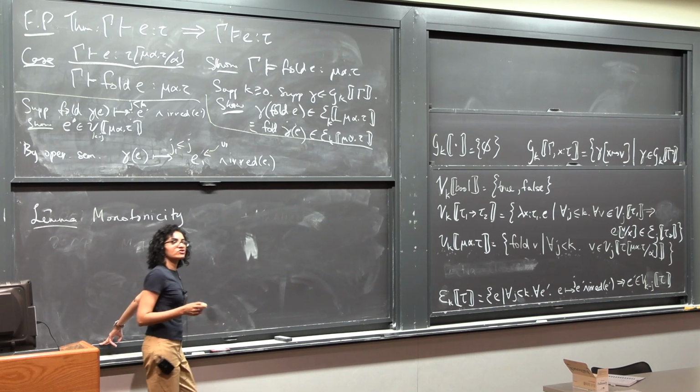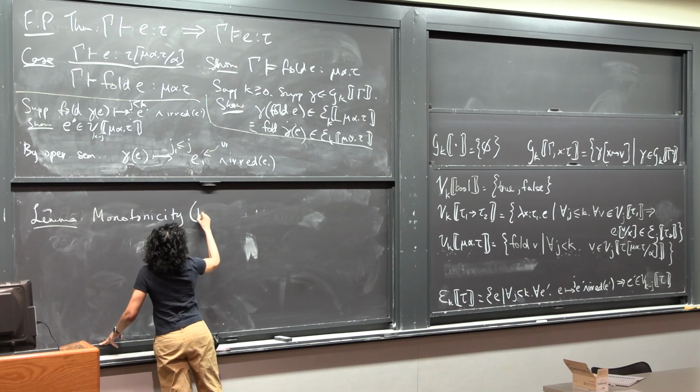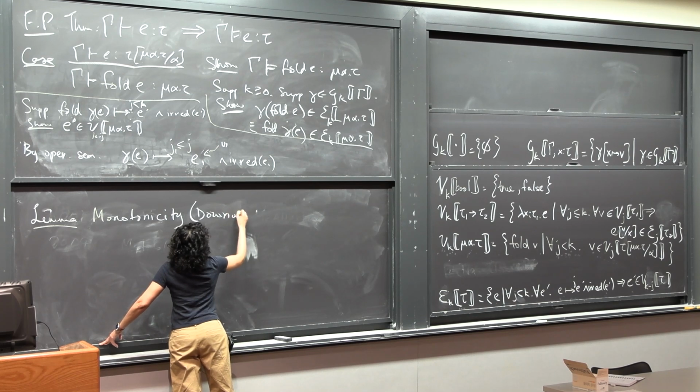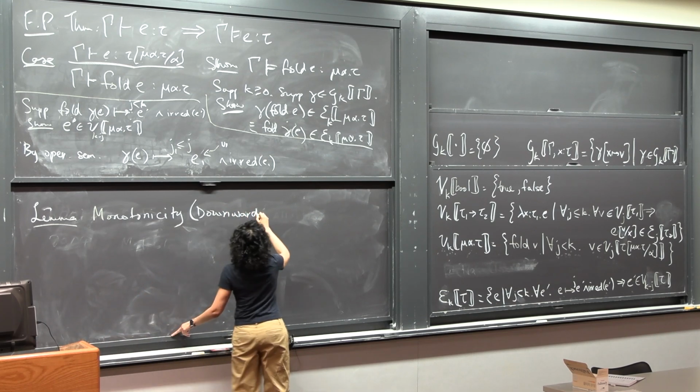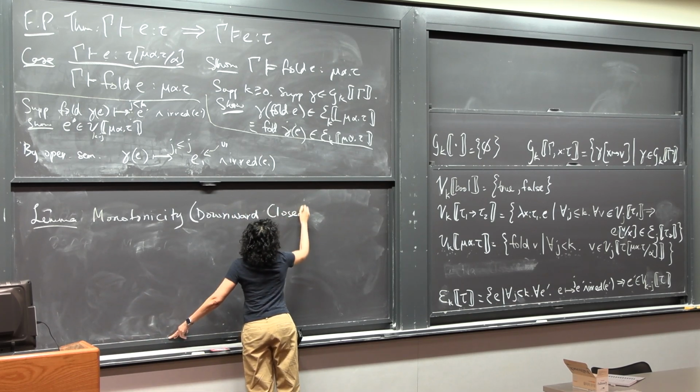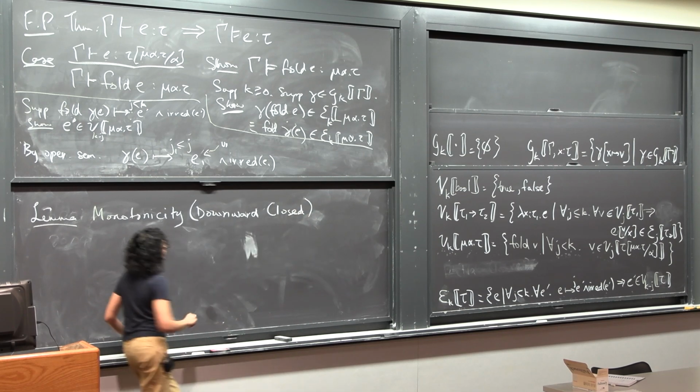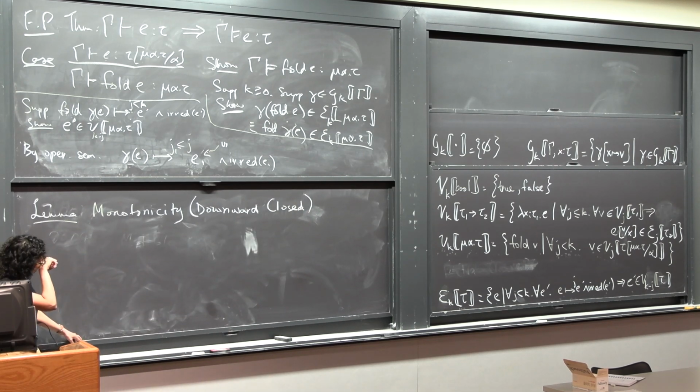In the early papers, we used to call this downward closure, so I'll write that down as well. That the sets that we're constructing are downward closed, that when the step index goes down, things are still in the set, okay? So if you look at some old references, you'll often see it called downward closure.